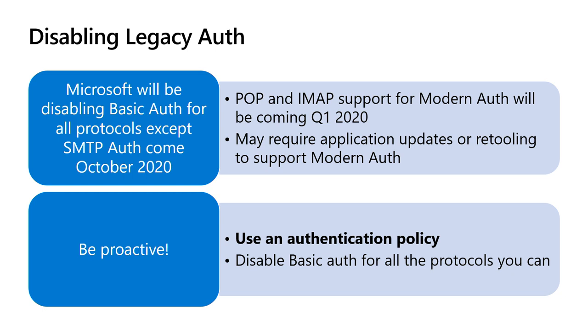For the most part, what I recommend is you can disable basic auth definitely for the protocols you know you don't use. If you're a smaller org and you're just deploying Office 365 for the first time, it's unlikely you may even be using any of these, so you may be able to just turn them off right now.